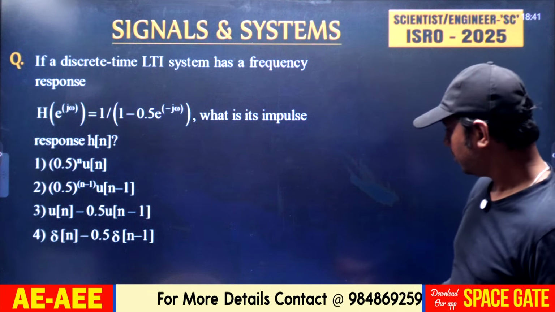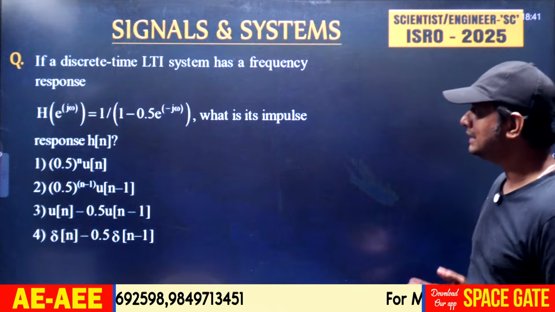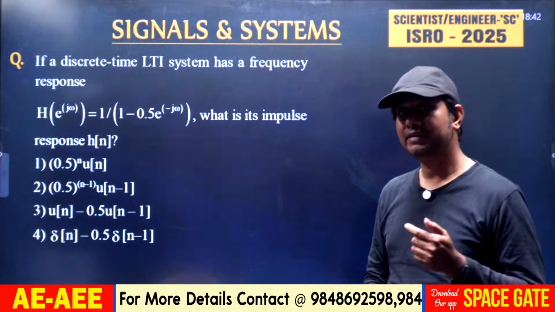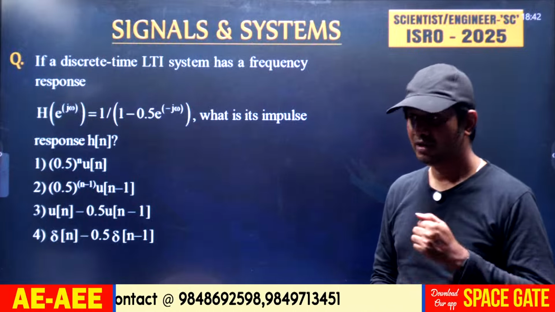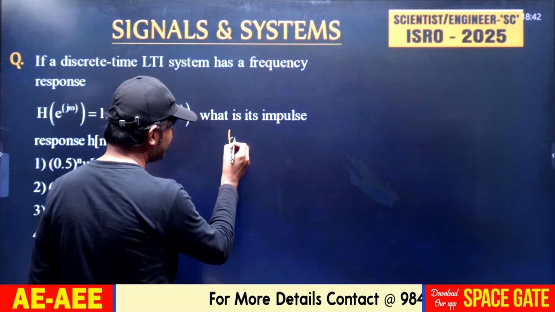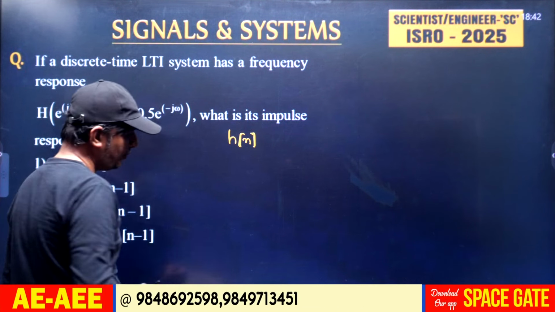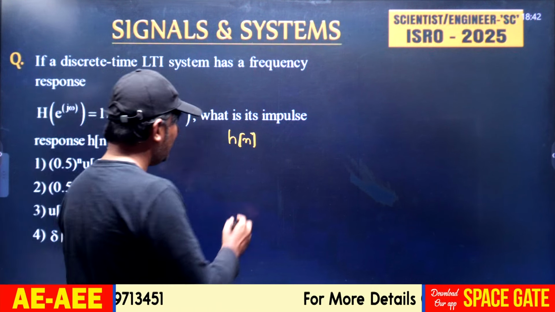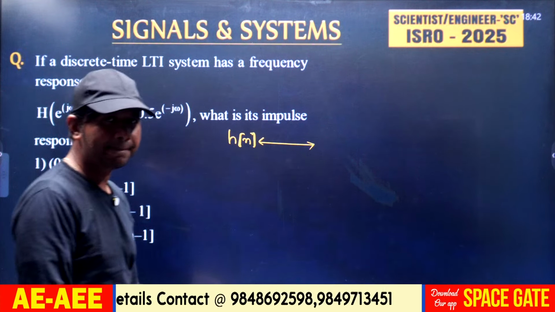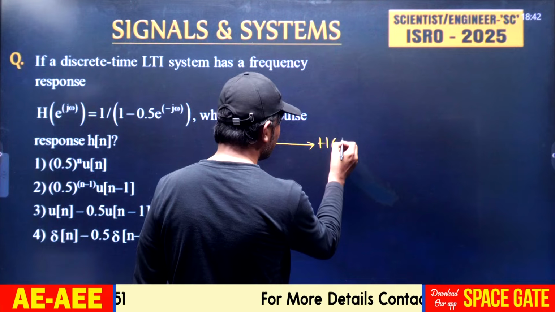First of all, before solving this problem, you must know the relationship between impulse response and frequency response of a discrete time LTI system. For a discrete time LTI system, if you have the impulse response h of n and you calculate the discrete time Fourier transform of this impulse response, you get the frequency response.